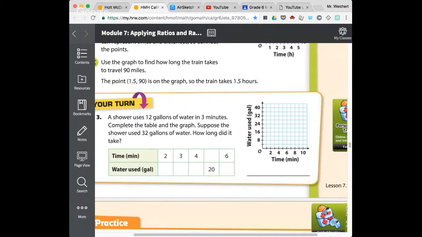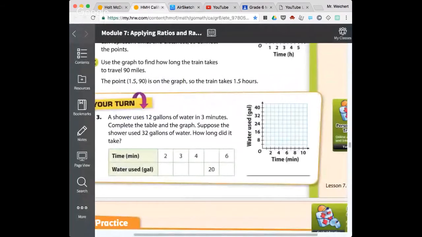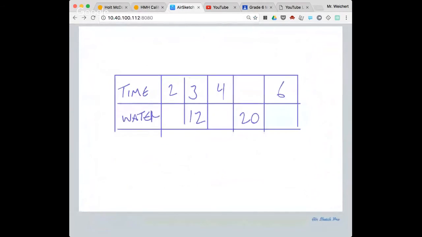So the shower uses 12 gallons of water in 3 minutes. Oh, here's 3 minutes, and we were just told that it uses 12 gallons, so we can fill in part of our table every 3 minutes, okay? Complete the table and graph. Okay, so let's complete the table first. I'm going to look for patterns first of all. 2, 3, 4, blank, 6. Blank, 12, blank, 20.